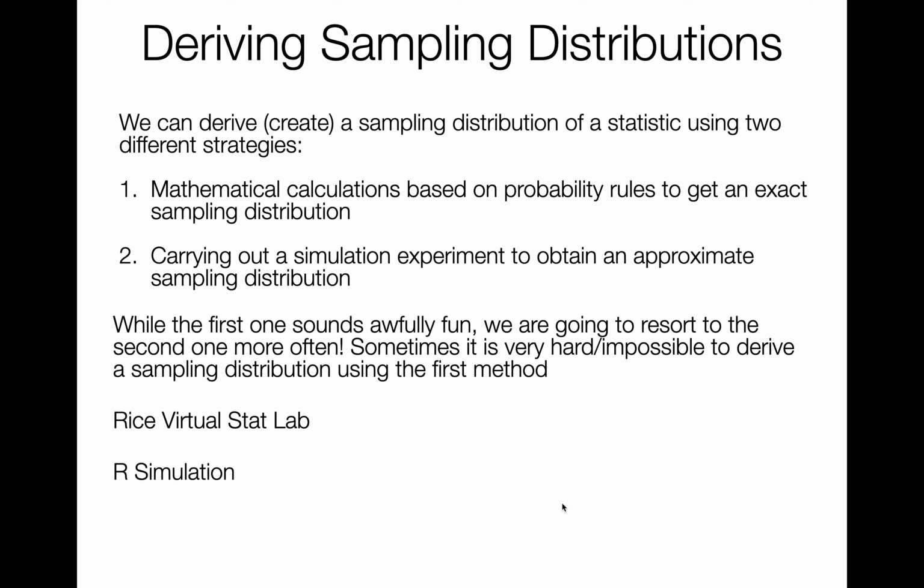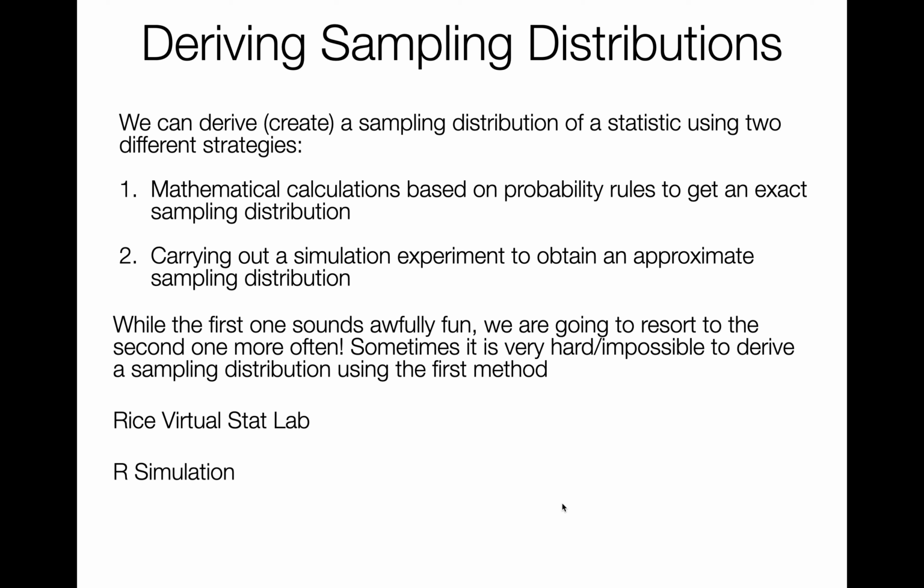So we can derive or create a sampling distribution of any statistic using two different strategies. So the first strategy is calculations based on the probability rules that we know. Okay, and so mathematical calculations based on those rules, and what we get is an exact sampling distribution, or a theoretical sampling distribution.